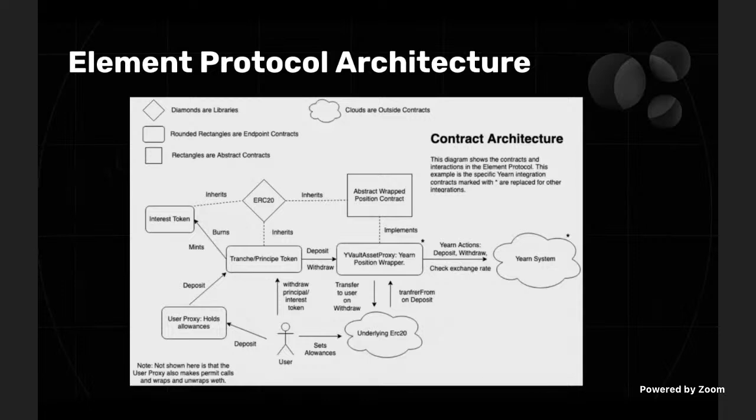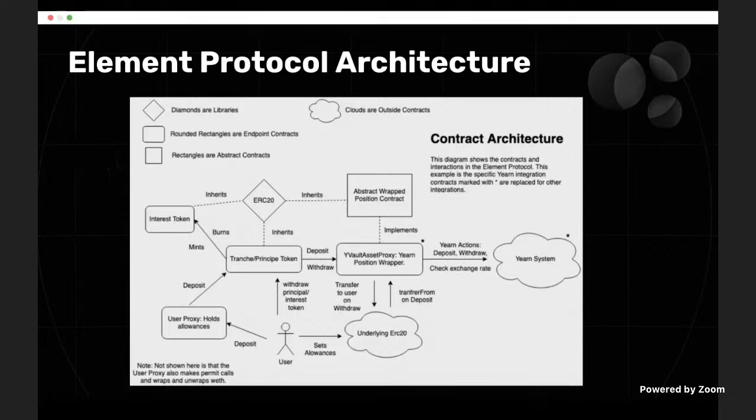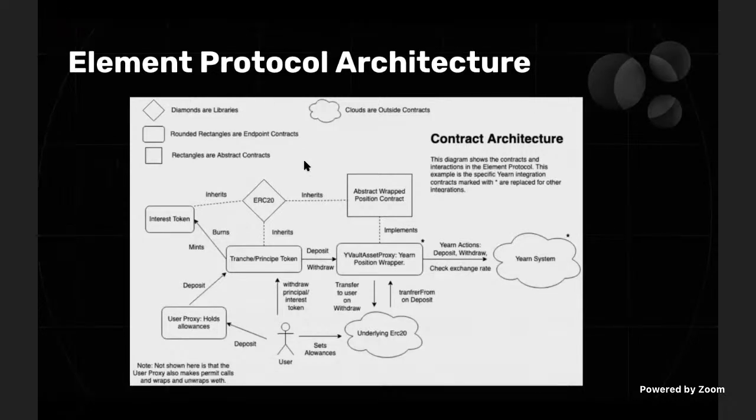Hi everyone, my name is Paul. I'm working on smart contracts at Element, and the diagram you see before you is the core of the Element protocol. Basically, what happens is that a user deposits into the system, and it creates an interest token and a principal token from it.